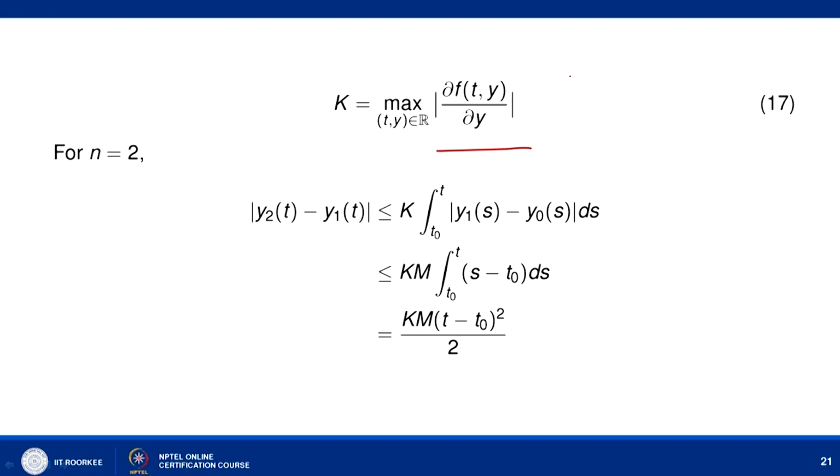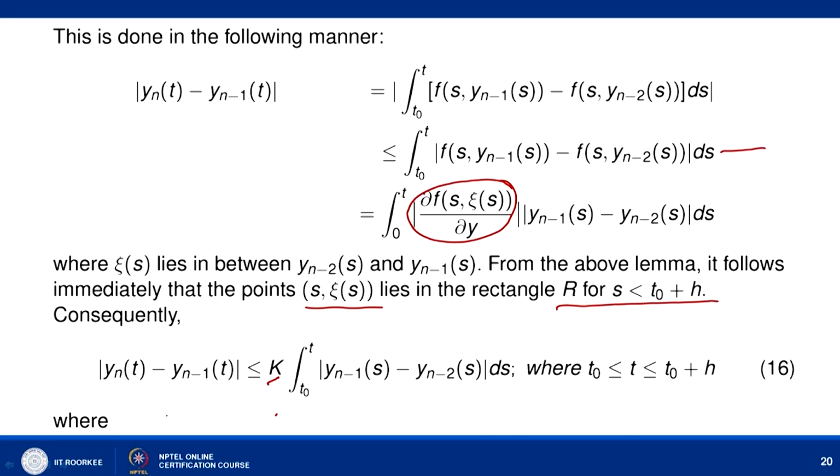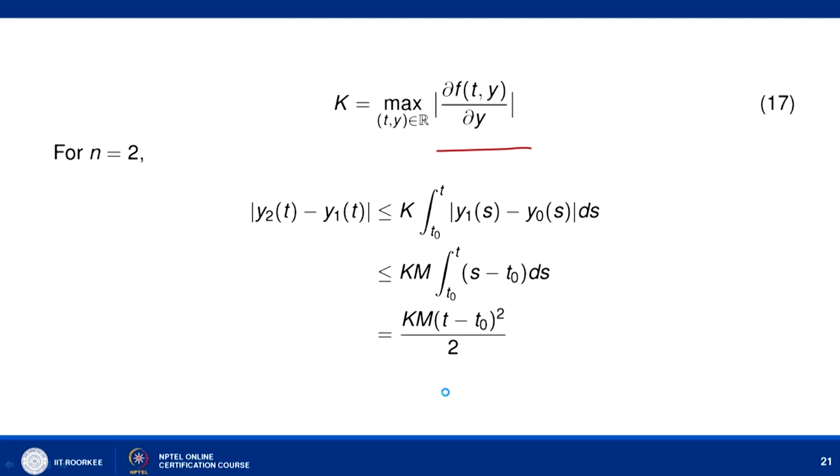So, if you look at the recursive relation, yn(t) minus yn-1(t) is less than or equal to k times the integral from T naught to T of yn-1(s) minus yn-2(s), say for n equal to 2. So, let us define it for n equal to 2.